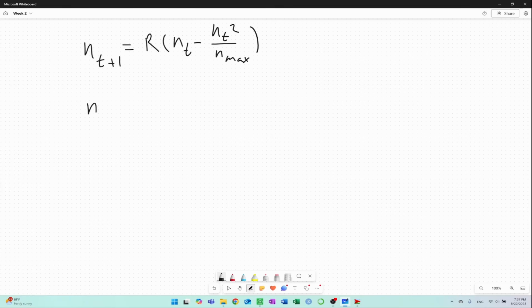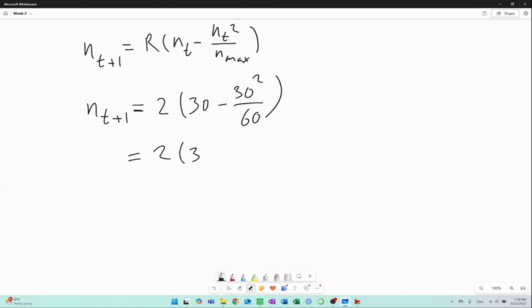Now, in this case, at any time after time 8, we are using the birth rate of 2, so that r is 2, and since there is no death rate, r and b are the same thing. So 2 times the previous population, which was 30, minus 30 squared divided by 60, which was the carrying capacity.